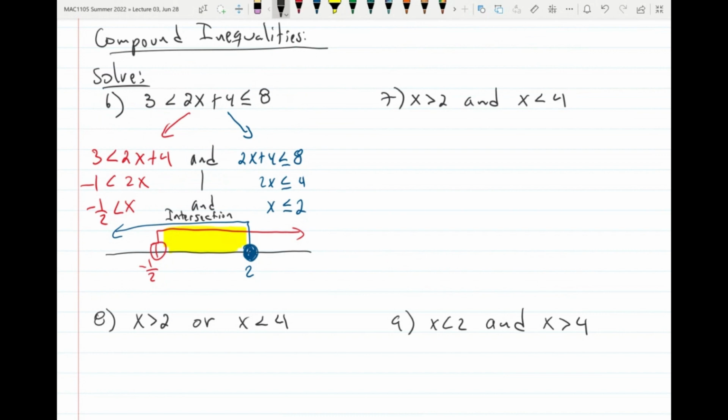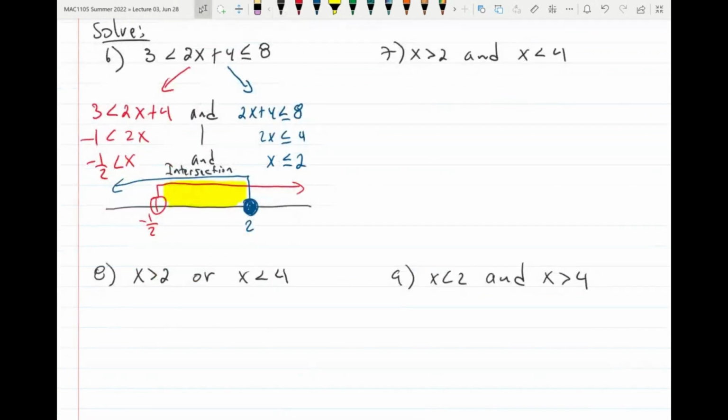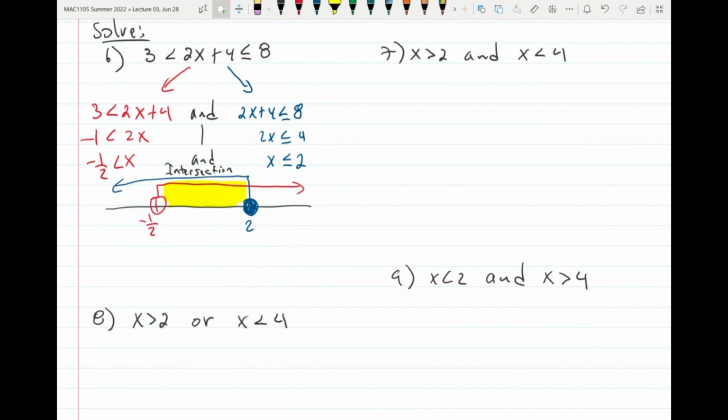And therefore, what's the interval notation for this? So the interval notation is parentheses -1/2, comma 2 square bracket. Again, this one in particular, you could have done by just solving the three of them simultaneously. But it's nice to understand that there are two inequalities really in here. And when you have an absolute value, that's what happens. You get two inequalities.